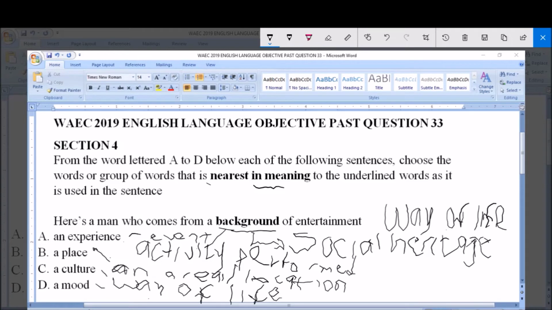And then a mood can best be described as an emotional state, an emotional or mental state.